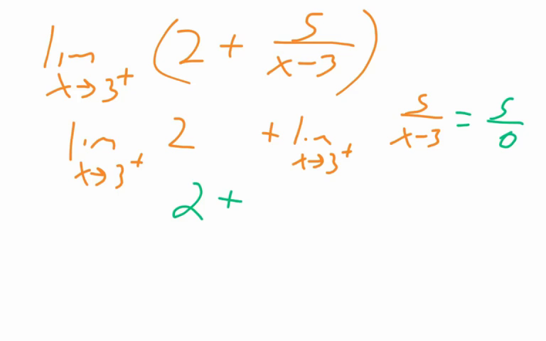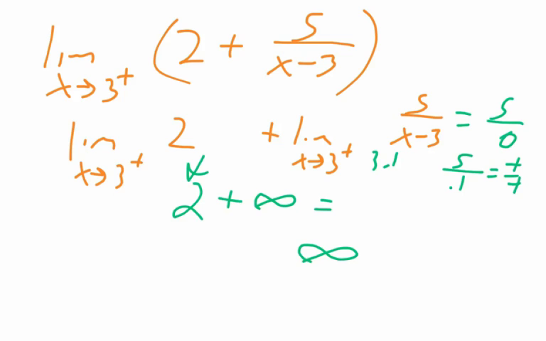And so when I get 2 plus positive infinity, or negative infinity, really the 2 doesn't have much effect. So when I plug in 3.1 to the right, that would be 5 over 3.1 minus 3, which is 0.1, so we got a positive over positive. So we wind up with 2 plus, basically infinity, but since there's no such thing as infinity plus 2, since infinity is unbounded, we get the answer of infinity.